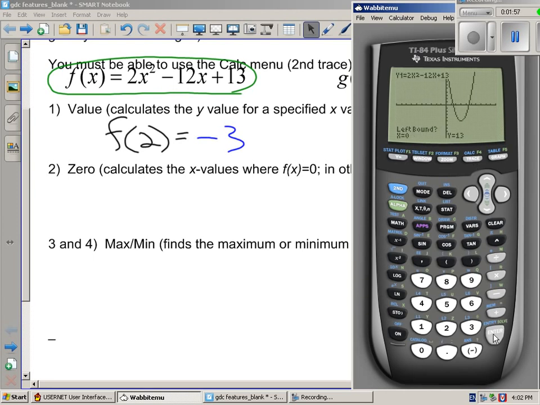I have to go to the left of it, so you can see here that I'm a little to the left of my x-intercept. I press enter. I need to go a little to the right, just right next to that x-intercept. It tells me it happens at 1.42. And there's going to be another one as well, and we just go through the same process to find it.